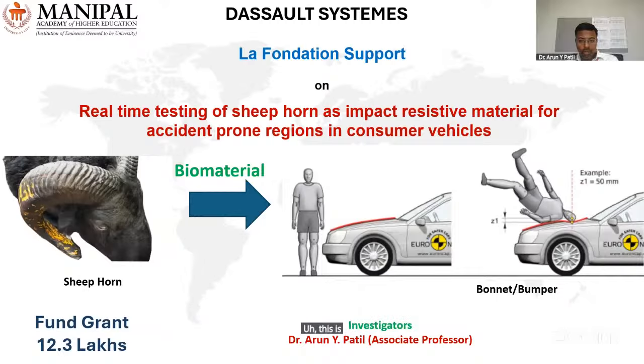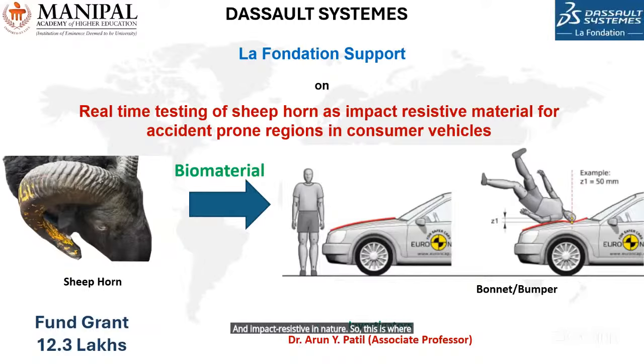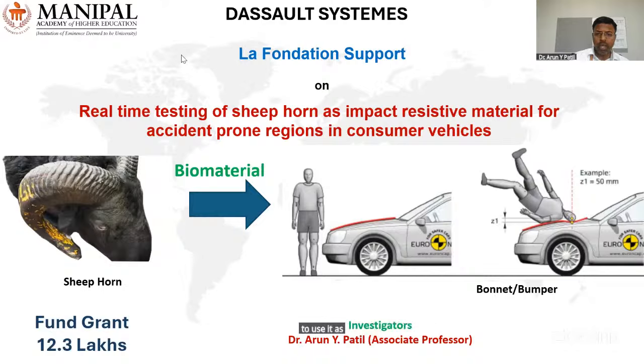This is one proposal which came out of that, because you have seen that horns are very robust and impact resistive in nature. So we thought to use it as a bumper or a bonnet for an automotive vehicle. Why bumper or bonnet? Because the bonnet, especially, is the third heaviest component in an automotive vehicle, after the IC engine and the chassis.